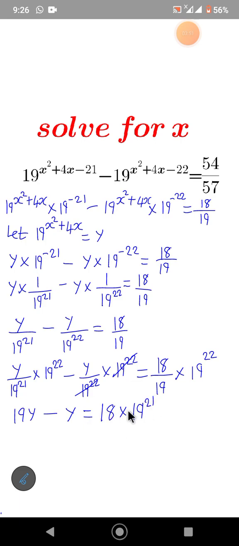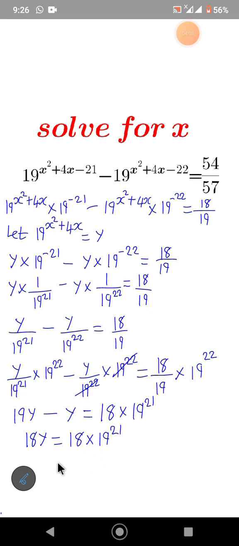Yeah, this divided by this, I'm left with 18 multiplied by 19 raised to the power of 21. Then from here now, 19y minus y will give me 18y equal to 18 multiplied by 19 raised to the power of 21.